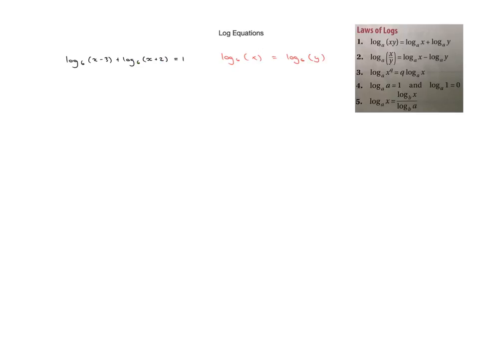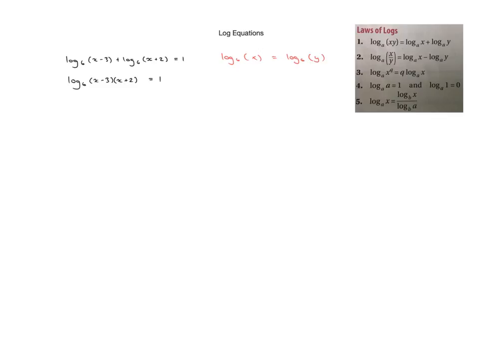So what we can do is combine them into a single log. We're basically using this one backwards, which means that we have to multiply whatever's in the brackets together in order to convert this into a single log. So that means what we have is log base 6 of x minus 3 times x plus 2, and that's equal to 1 there.